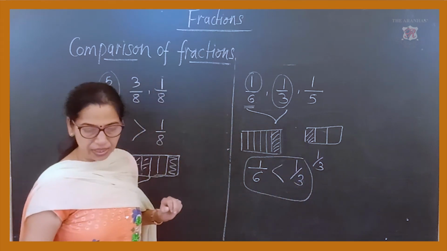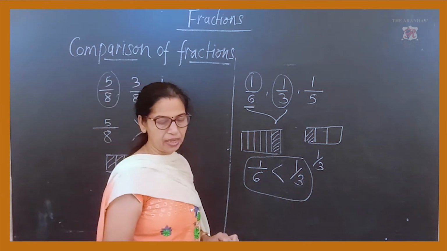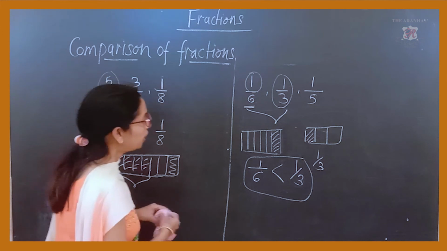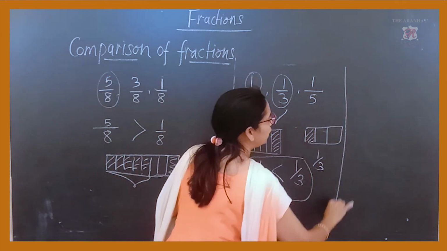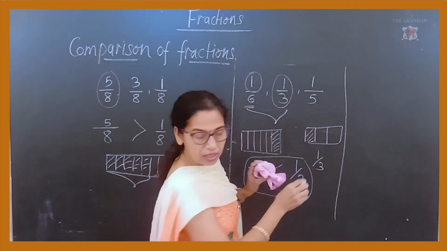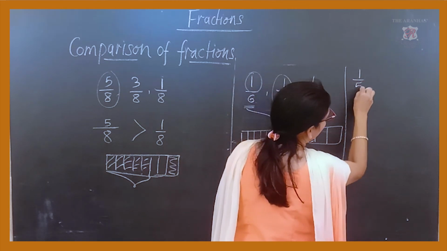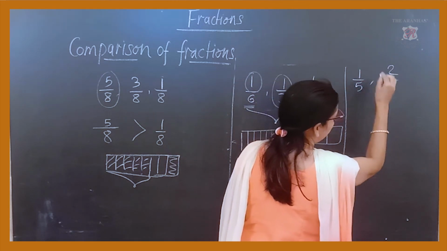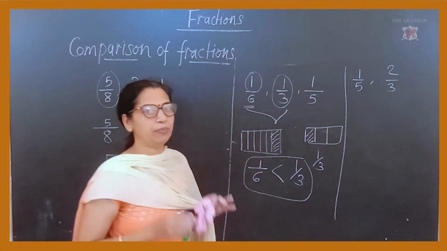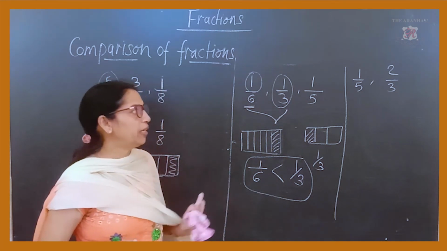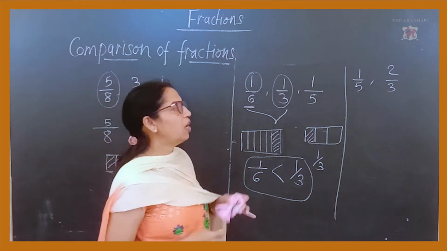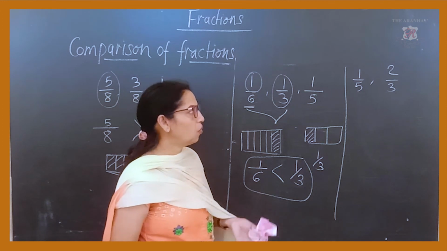Now, the last one, here we will have one more example where the numerator as well as the denominators are different. Suppose 1 upon 5 and 2 by 3 is given to you. In this case, by observing, you cannot find out they are equal or which one is smaller or bigger.